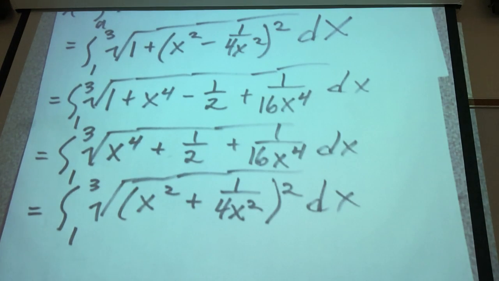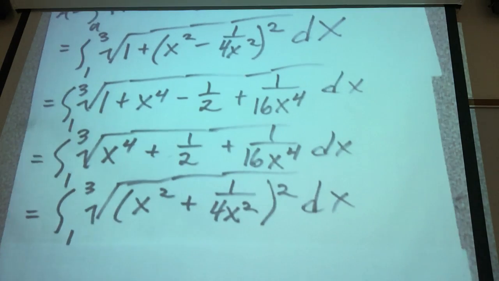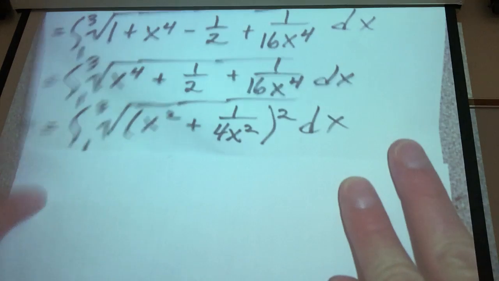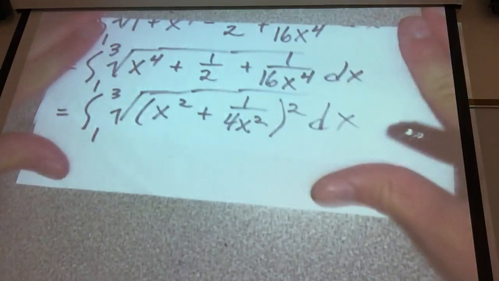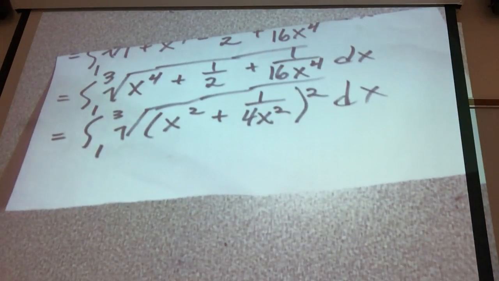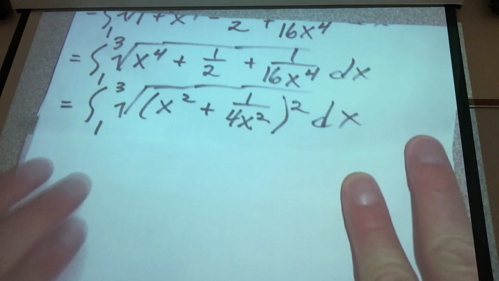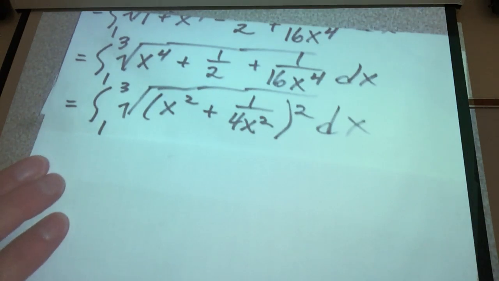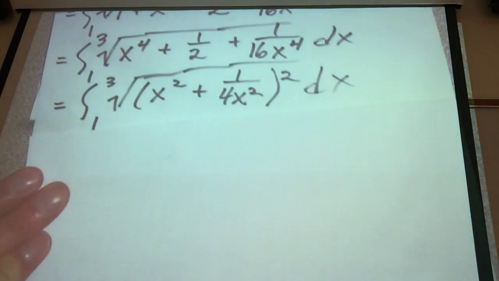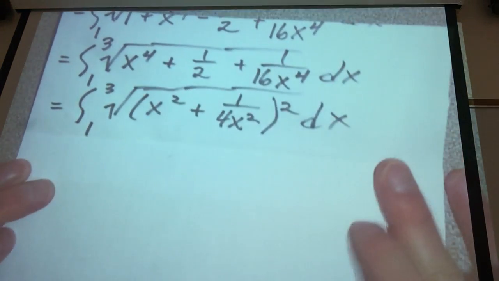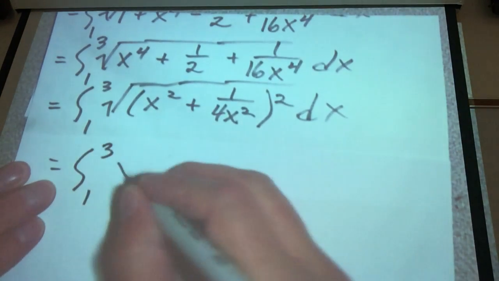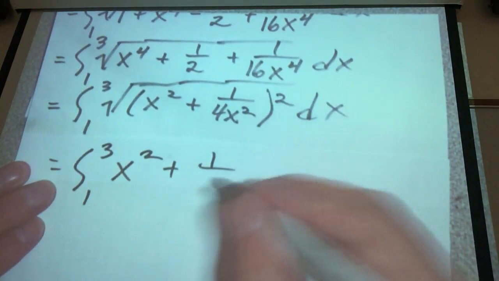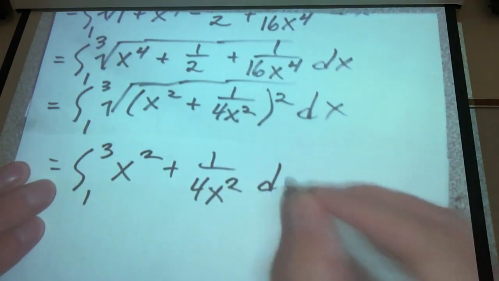All right, now the square is going to undo the square root. So that's going to equal the integral from 1 to 3 of just x squared plus 1 divided by 4x squared dx.